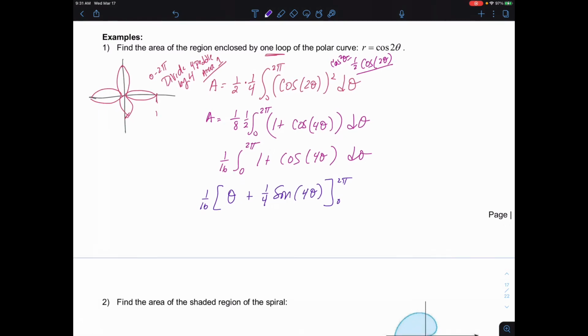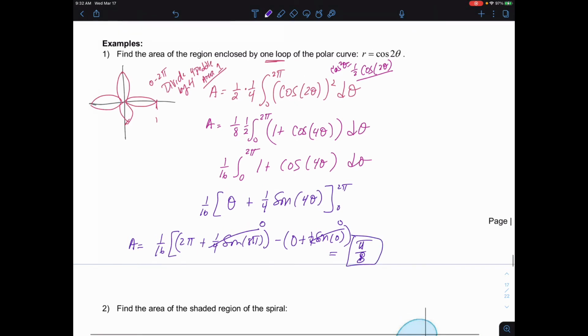So we'll plug in now, and my area is going to equal 1/16 times 2 pi plus 1/4 sine of 8 pi, minus 0 plus 1/4 sine of 0. Well, that's 0, that's 0. Sine of 8 pi just goes around back to 0, so that's 0. So we end up with pi over 8.